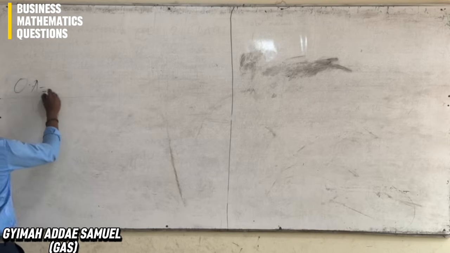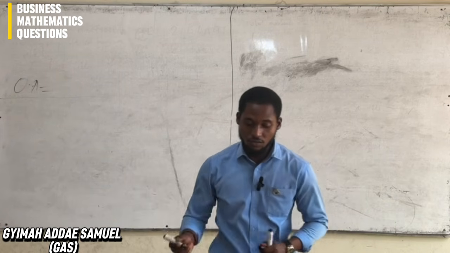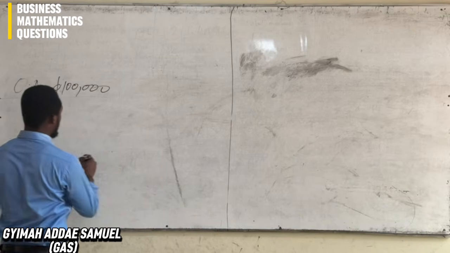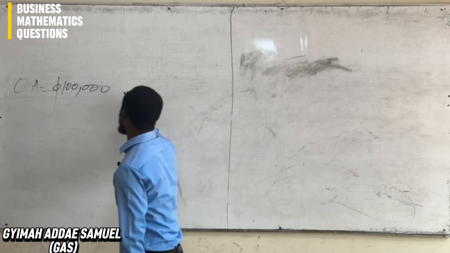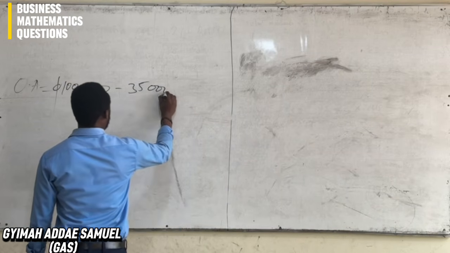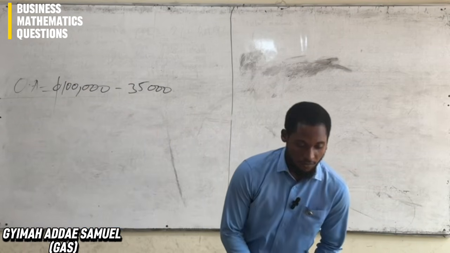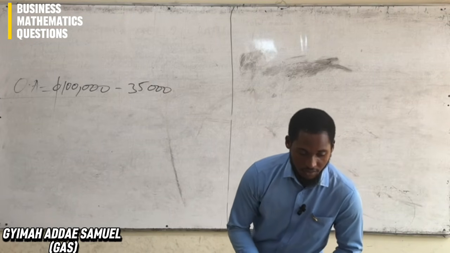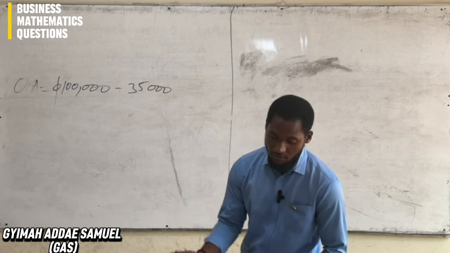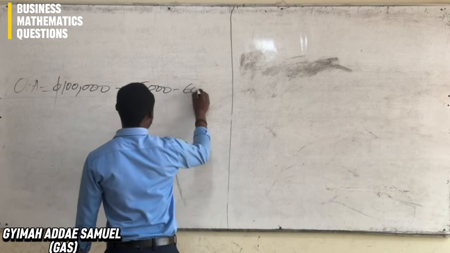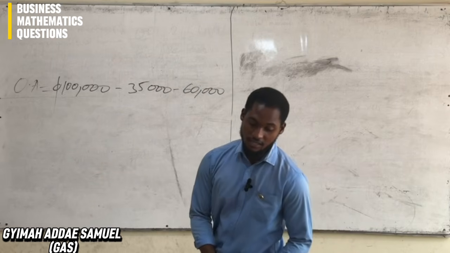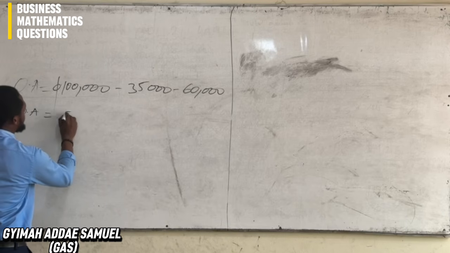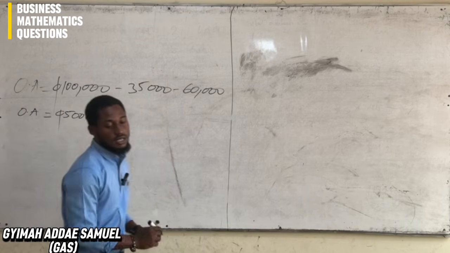So this is how it goes. The override amount. The store sales which was made available is the 100,000 Ghana cedis, and we subtract the 35,000 from it, which is the store returns within the period, and we subtract our store quota from it as well, which is the 60,000 Ghana cedis, and we are getting 5,000 as our override amount.